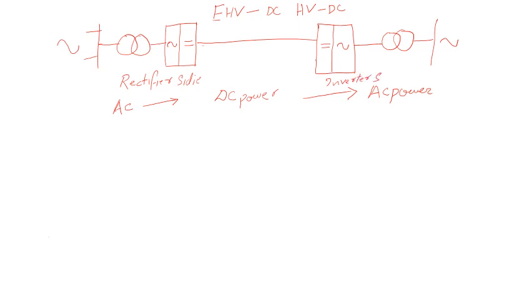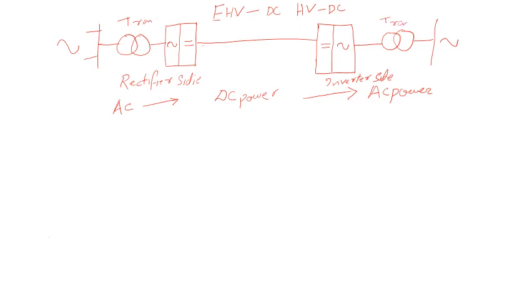Power electronics has given us one advantage, that we can convert our AC power to DC power, and then again invert our DC power to AC power. Here this symbol is an AC symbol, this is a DC symbol. Before that there is a transformer, and here also there is a transformer.